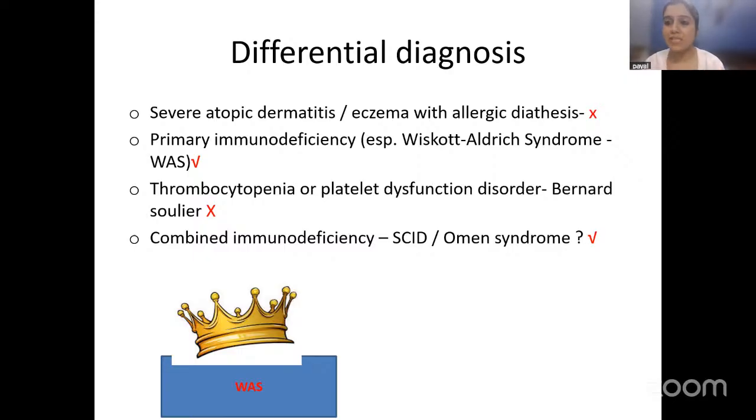No. Looking at the CBC, we did think, especially as the child was 9 months old. So first of all, a 9-month-old ITP should not have been thought. But anyways, Bernard Soulier, no, because this child has the other things. So we should not think that this is because of one disorder, the other thing is because of another disorder. We try to make one diagnosis.